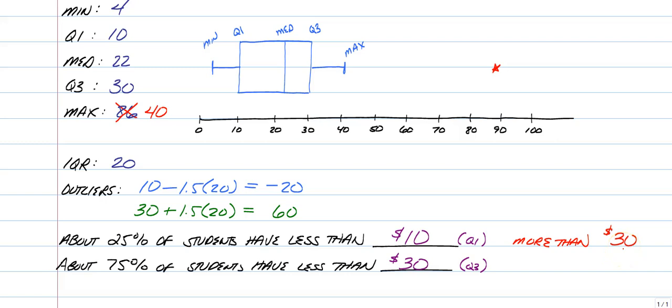And if I said 75% of the students have more than, that would be the upper 75, which would be more than $10. Okay, so you have to be careful with how you're reading. If it says less than, you want to use the lower 25% or 75% or even 50%. Because we could easily say about 50% of students have more than, and you would go to your median, 22.